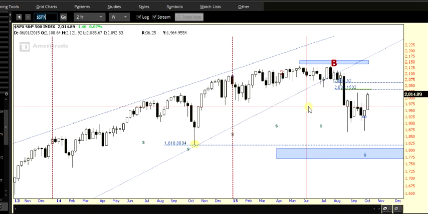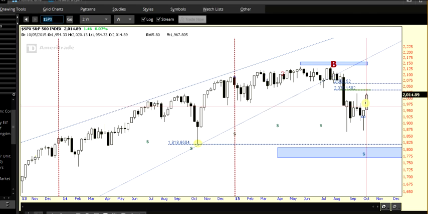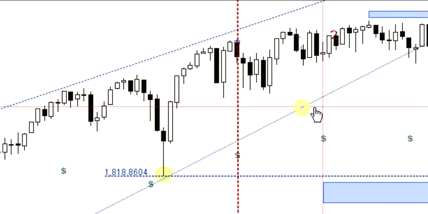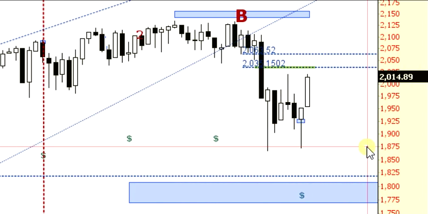But it is my opinion, and I don't want to make it sound like there's no way it could go up any further. But if it does go up further, it's limited pretty much right through this area. Let me just go ahead and draw that. There's a whole lot of resistance through this area right here.